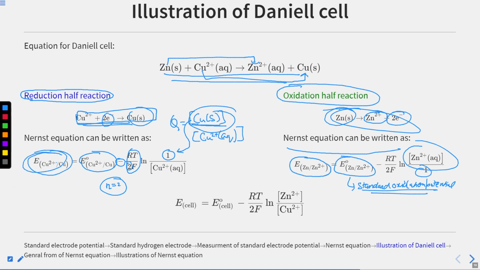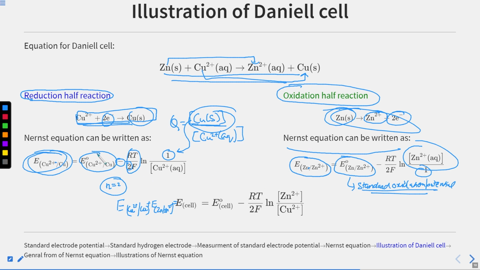So we will add this plus this, and that gives E of Cu2+/Cu plus E of Zn/Zn2+, which is E cell.